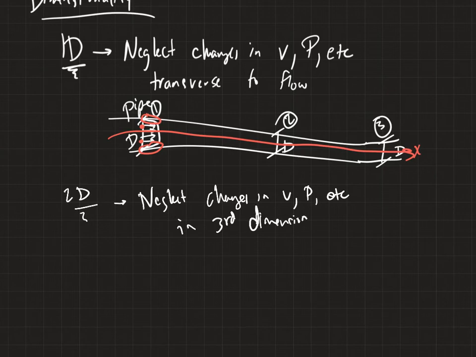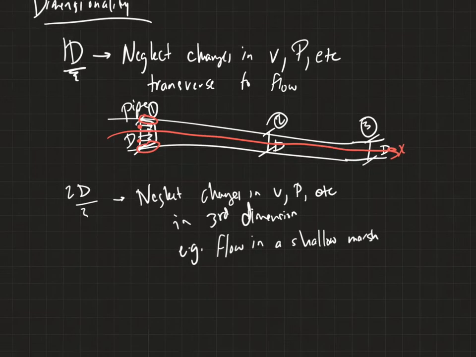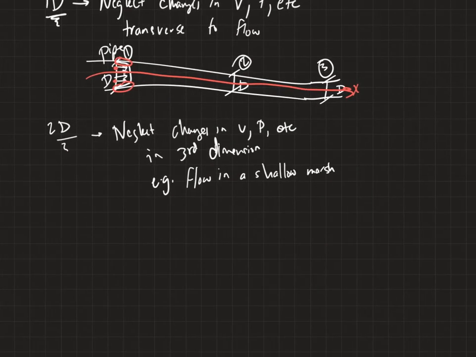And one of my favorite examples for this is flow in a shallow marsh. Because we're in Louisiana, we have lots of marshes, although most states have marshes somewhere. And so you imagine here's a marsh, and it's really, really wide.